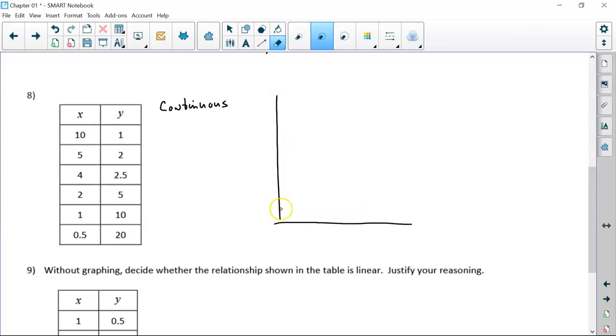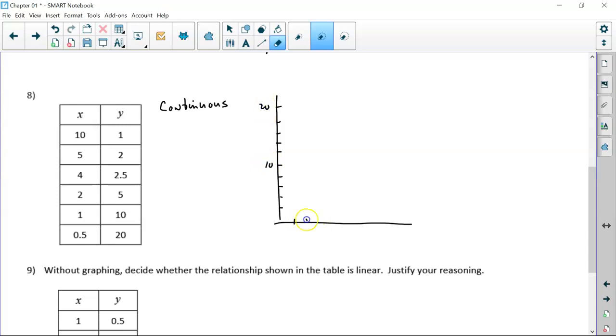if I plot these points, and try labeling those again. I didn't go up quite high enough, so that would be 10, and that'll be 20.